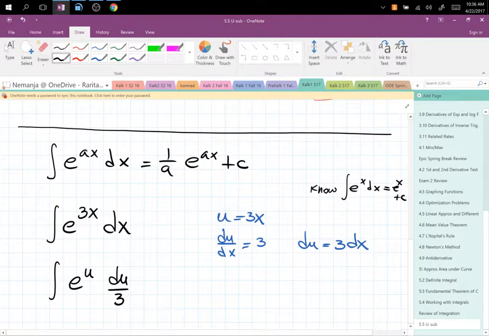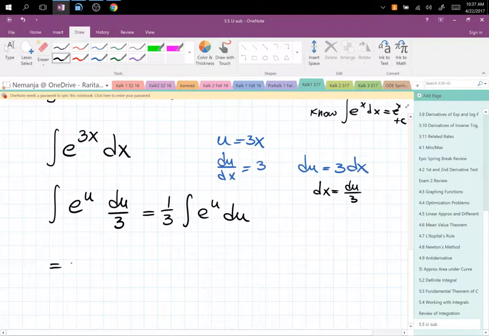So I have dx is equal to du over 3. So I solve for dx and I plug that in. It's a substitution method. You're substituting things. So now this integral becomes 1/3 integral of e to the u du, which, dare I say clearly, is 1/3 e to the u plus c.